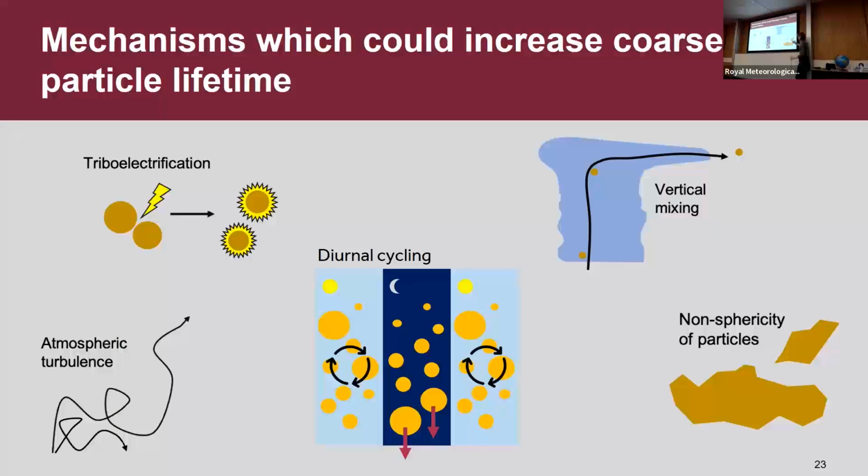There's been some research that said including non-sphericity of particles could increase lifetime by 20%, which is impressive, but not enough to get it all the way to the Caribbean. That's basically the same story with any of these mechanisms: it could do a bit of increasing, but not to the extent that we're seeing. So we're expecting that it might be a combination of these things, or it's something that we're just missing entirely.